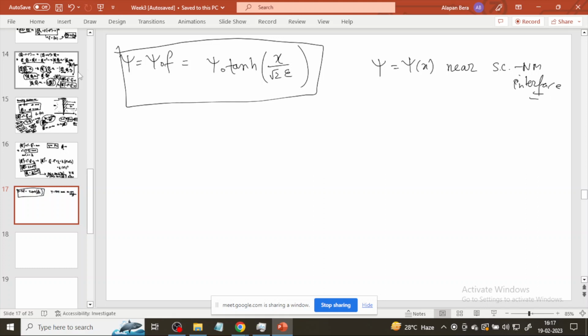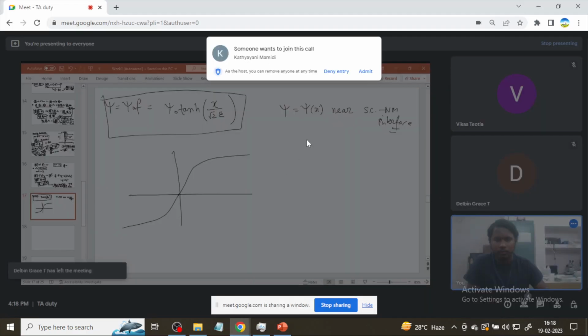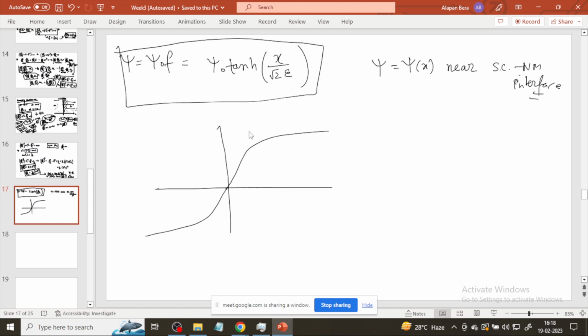Now let's plot this, so you know how the tan hyperbolic behaves. If you have done any course on magnetism, you know that tan hyperbolic of x behaves like this.